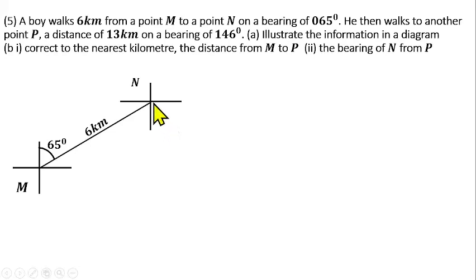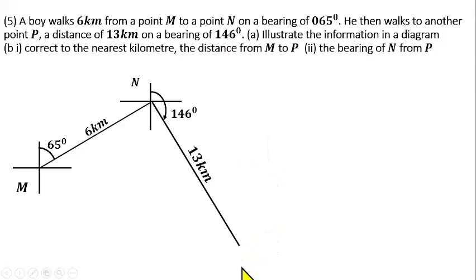So I'm going to draw another line straight down from here to point P, a distance of 13 kilometers. And that means this line should be longer than this 6 kilometers. So I will draw a straight line like this, longer than this 6 kilometers. Then on a bearing of 146 degrees, from the north to this line, that's the bearing given to us.